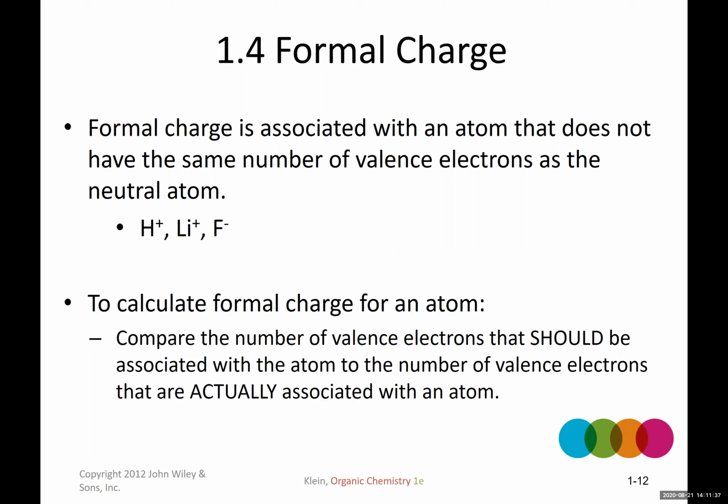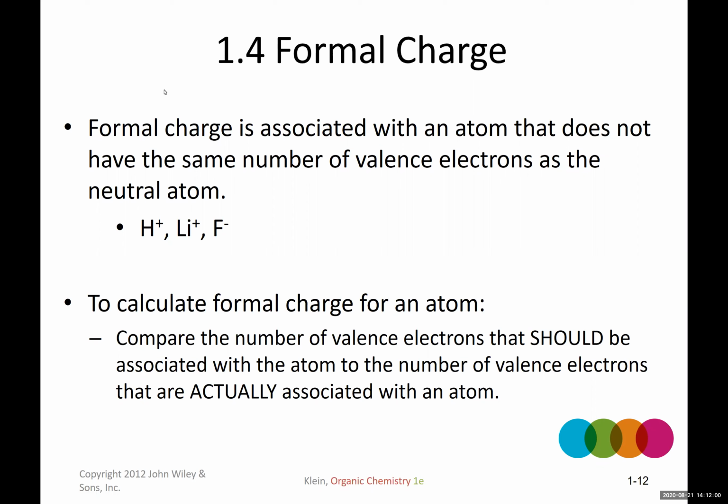It carries no electrical charge. However, if you have more or fewer electrons around the atom than you would expect for the neutral atom, you will have negative and positive charges associated with the atom. Rather than explaining this verbally, I think it's much easier if I can show you how to do this.